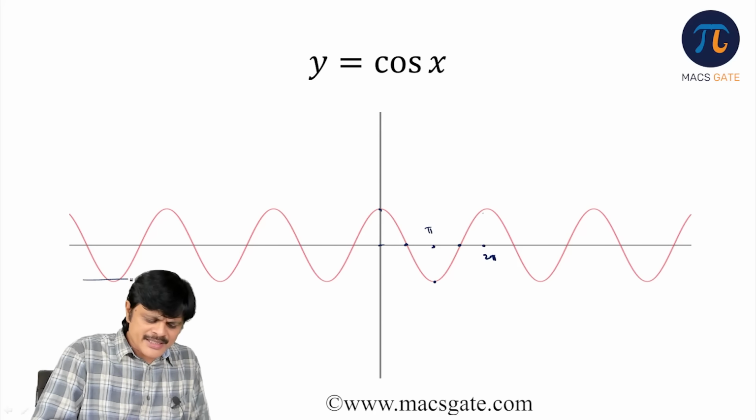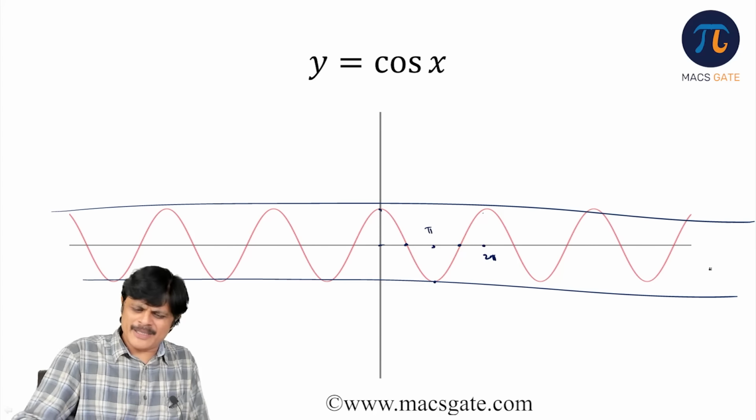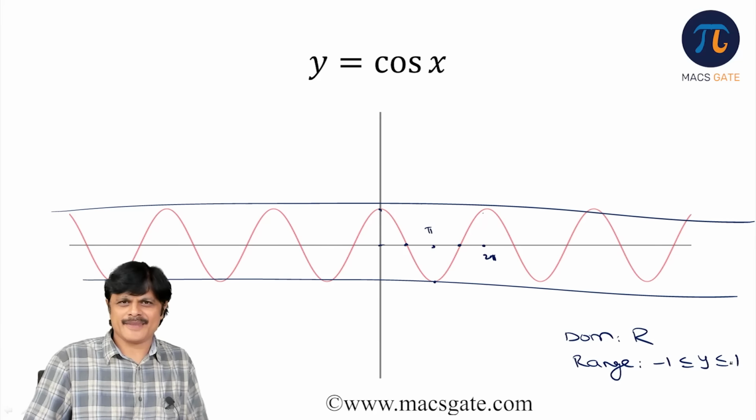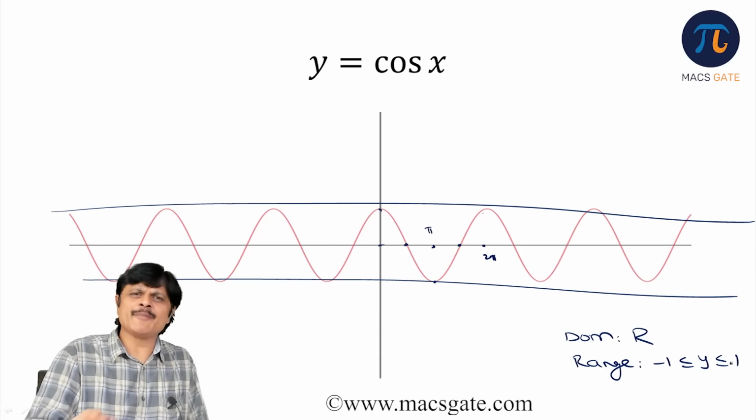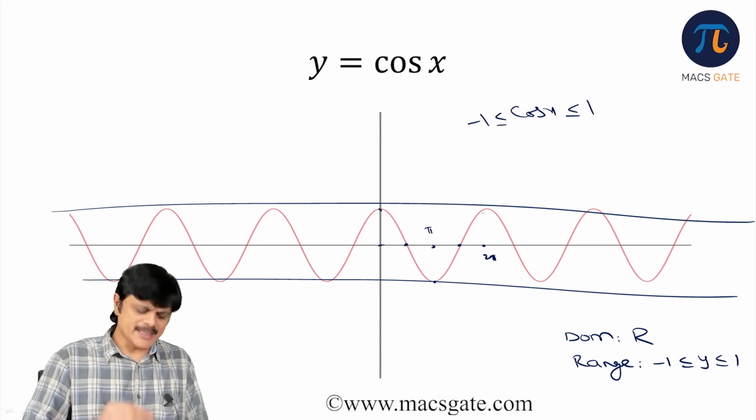Here also you can see it is going from minus 1 to plus 1. Okay, please draw the straight lines. What is the domain of this? The domain is R, and what is the range? The range is from minus 1 to plus 1. The cos x value lies between minus 1 and plus 1. That is about cos x.